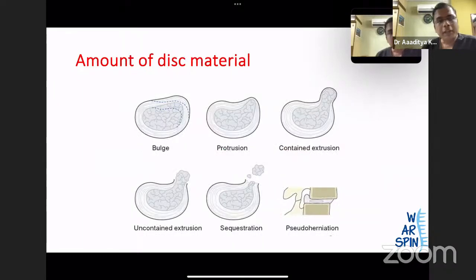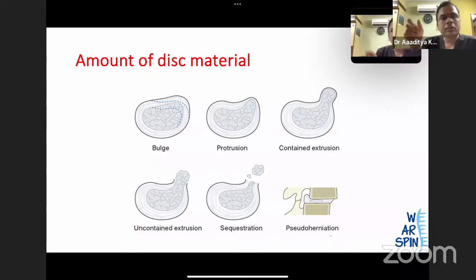Depending on the amount of disc material which has come out, we can classify this into bulge, where there is just outpouching of the nucleus pulposus within the annulus fibrosis limit, compared to protrusion, which is herniation seen in the canal. In contained extrusion, the diameter of the herniation in the canal is broader compared to the base of the herniation, and the annulus is intact.